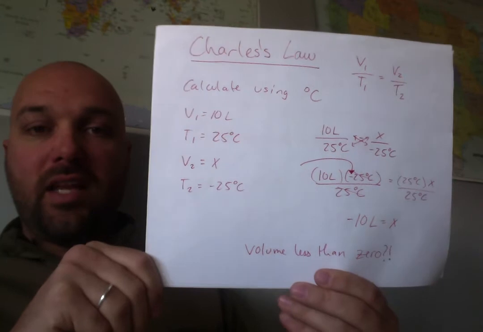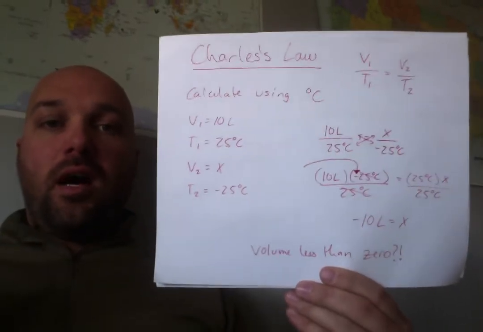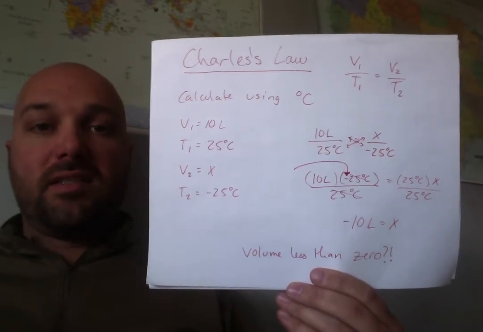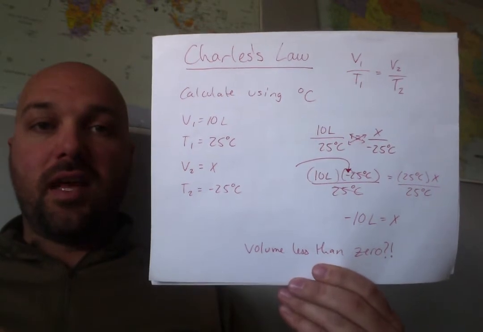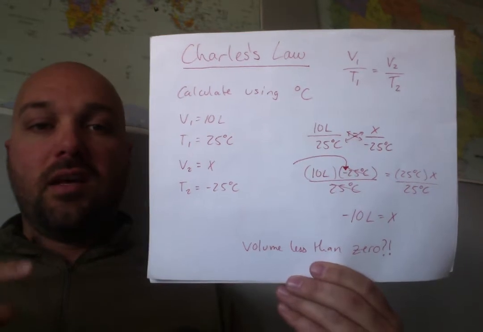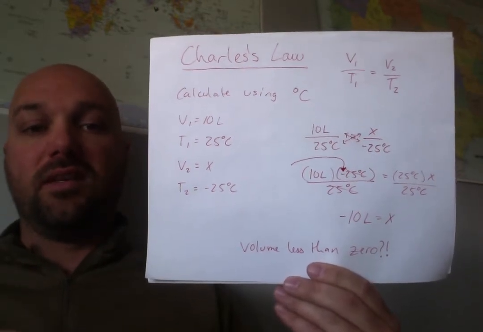What I'd like to do for this video is to clarify something about Charles's law that we didn't discuss, and that is the temperature. So if you look at this here and look at the volume and the temperature changes, the temperature is going from a positive degrees Celsius to a negative degrees Celsius.